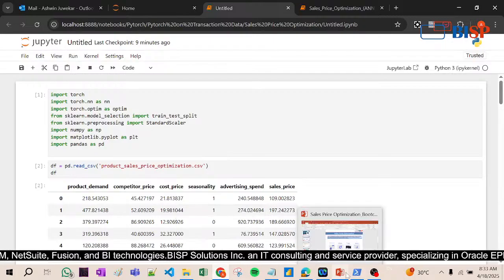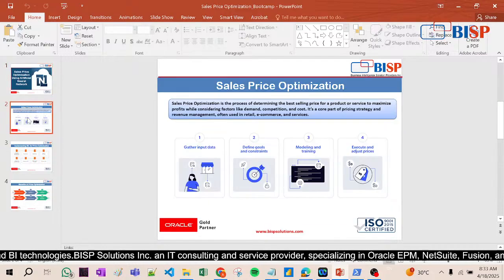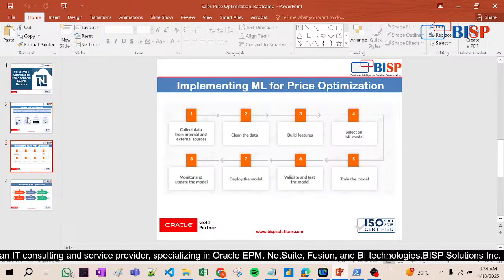And you might be thinking that's the reason we have added this NetSuite icon also. That means we want to show how these artificial neural network strategies and techniques can be integrated with NetSuite ERP. That's the reason.